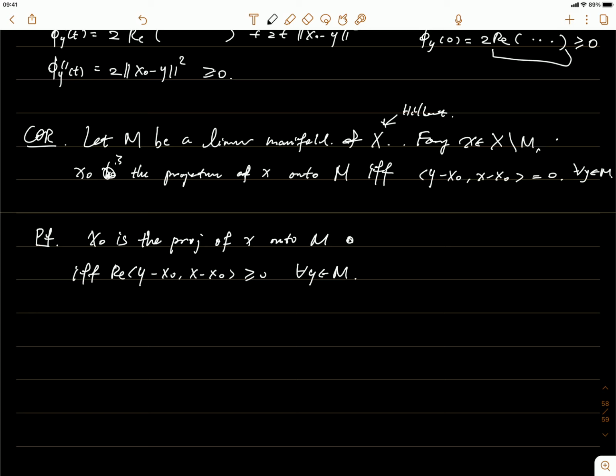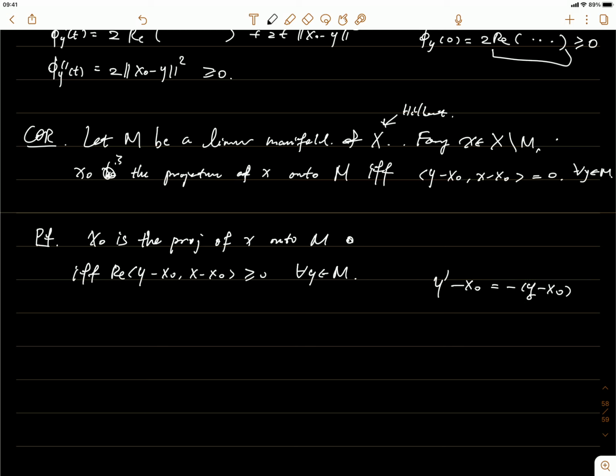But on the other hand, I can see that by choosing y prime such that y prime minus x naught is equal to negative y minus x naught.